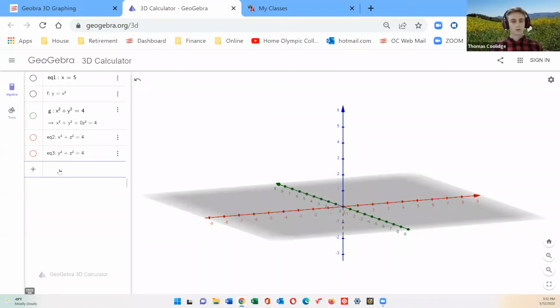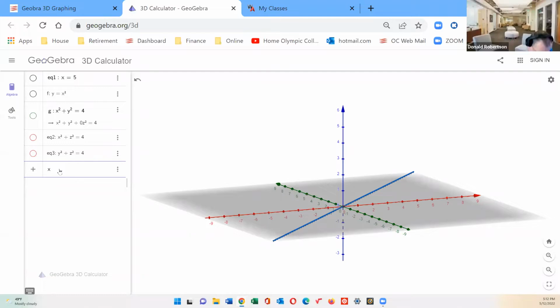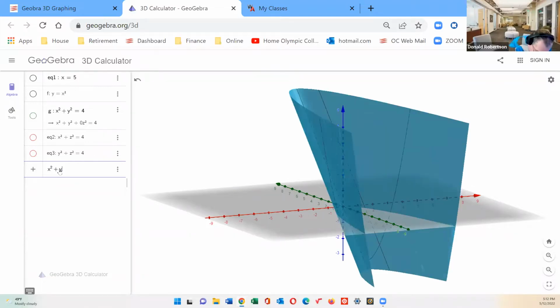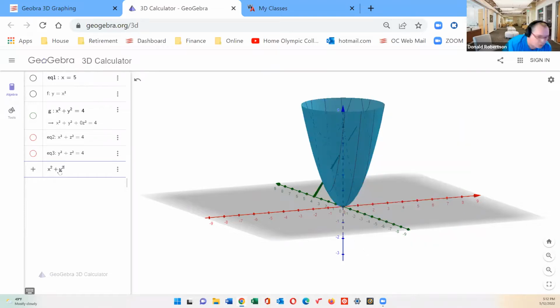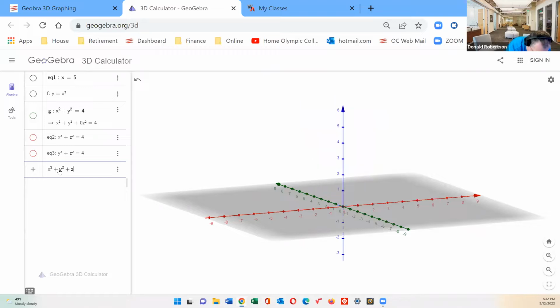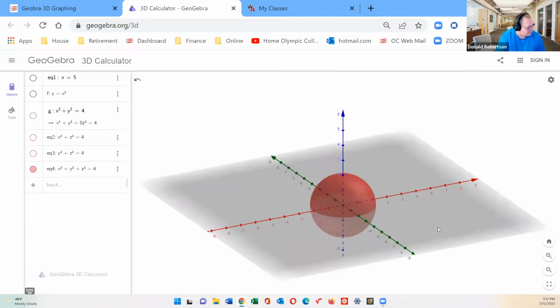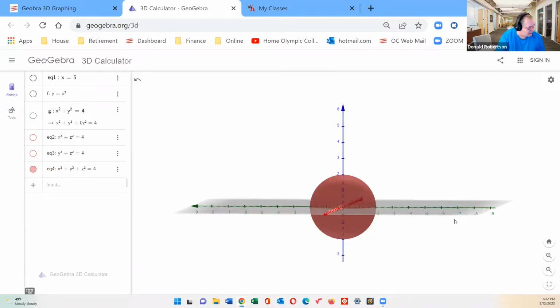A circle or a sphere? A sphere, yeah. In a way, isn't a sphere just a 3-dimensional version of a circle. Isn't that cool?